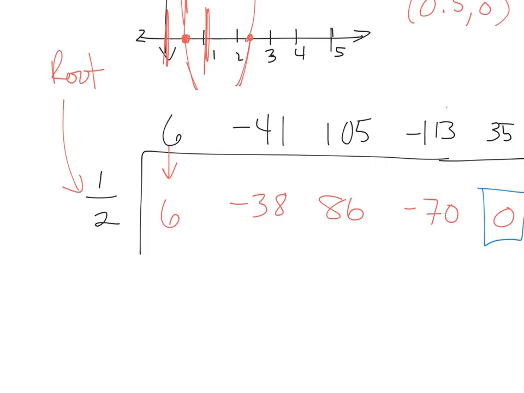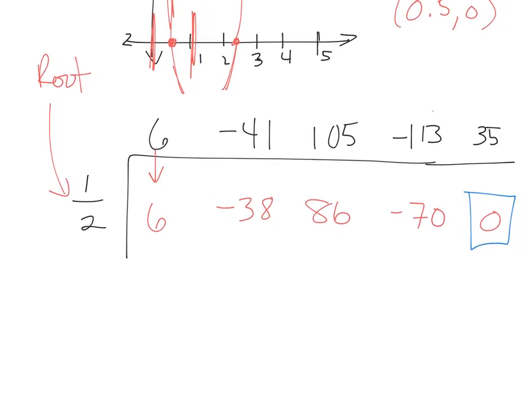Do another round of synthetic substitution. What are you going to use this time? 0. There's my equation, right? That's the depressed equation from the above row. That's why you're doing the synthetic table, because you get this depressed equation.